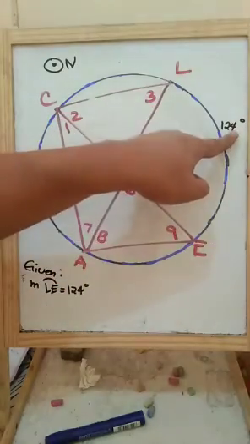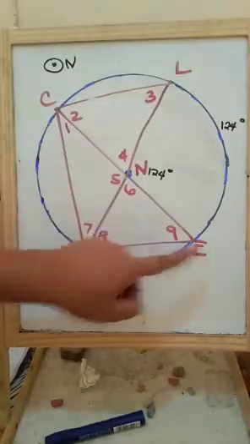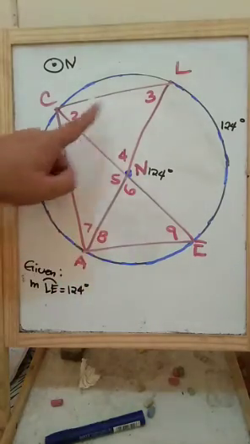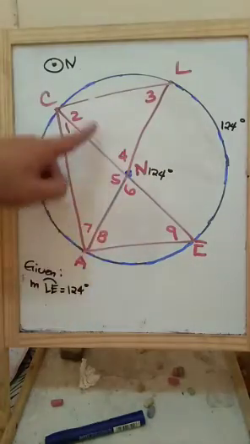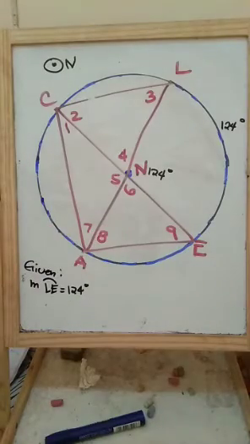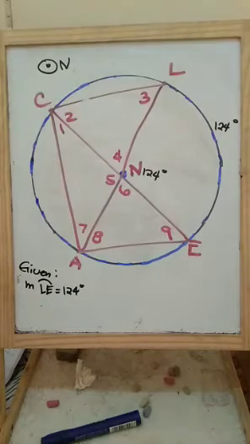So, we can, okay, so LE is inscribed to angles 8 and 2. Mapapansin nyo, naka-inscribe siya. So, ibig sabihin, pantay ang measurement nung dalawang to. Si angle 2 at si angle 8 ay pantay. Okay? Ang tanong ngayon, ano ang measurement nung dalawa?